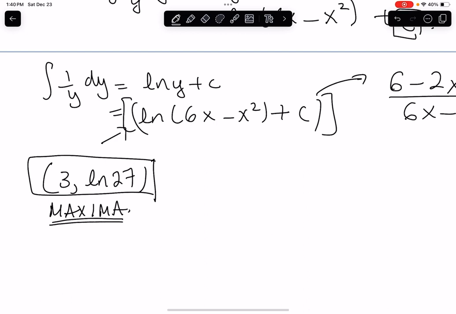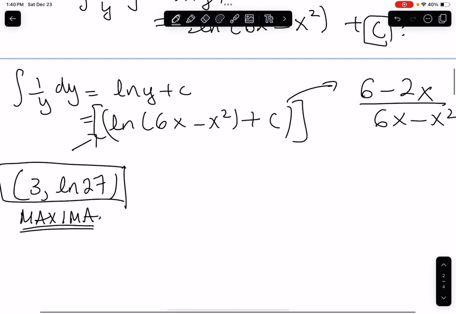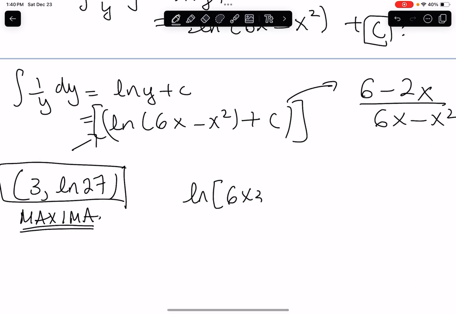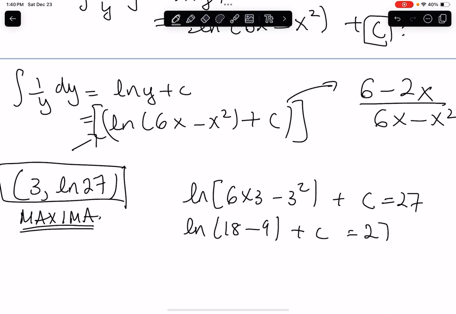Then you just substitute it back. If you substitute x as 3, then this is ln of 6 times 3 minus 3 squared plus c is equal to 27. And so this is ln of 18 minus 9 plus c, which is ln of 9 plus c.